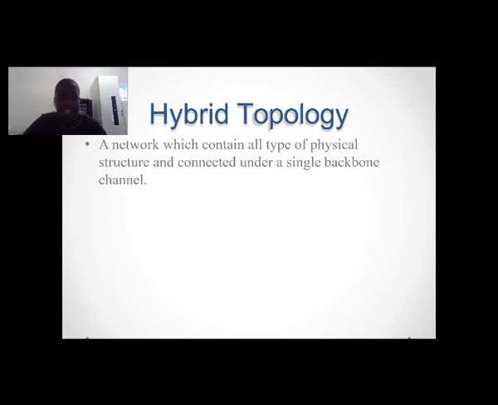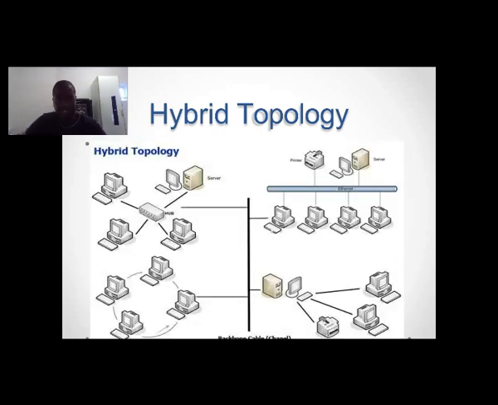And then a hybrid will obviously be the last one we talk about. So this one contains all the different types of topologies. You may find it uses a combination of a ring and the star mesh. So it will combine these networks. For an example here, we have got a backbone, which is the structure of that bus.